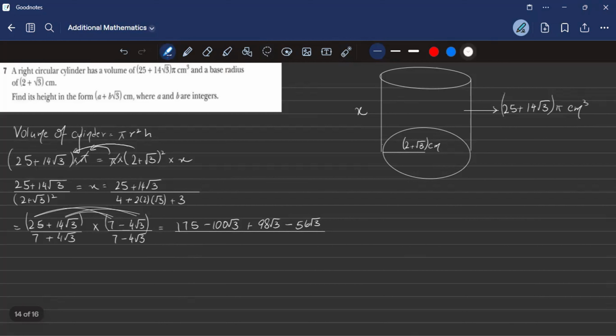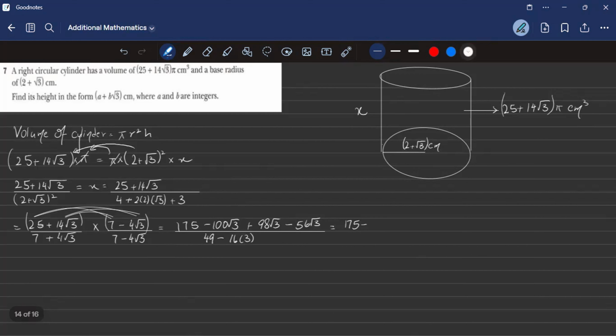Divided by, again, simplify this with the help of a quadratic identity, a plus b multiplied by a minus b. So a squared, 7 squared is equal to 49, minus 4 squared is 16 multiplied by under root 3 squared is equals to 3. Simplify this further, we would get 175 minus 100 under root 3 plus 98 under root 3, and well, that's negative 2 under root 3.